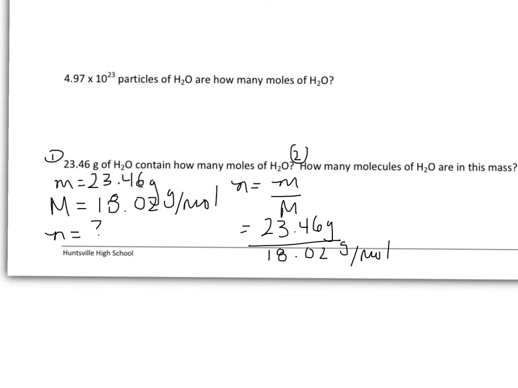My grams and grams cancel out, leaving me with 1 over mole, which is also moles. And that's going to equal 23.46 divided by 18.02 equals 1.301 moles. So that's my lowercase n. But the question doesn't stop there.